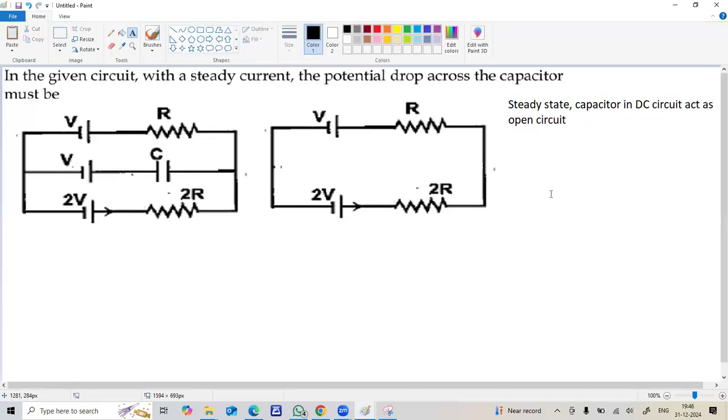The current through the capacitor branch can be neglected. Now the current only flows through the outer branch. The current direction is given here.